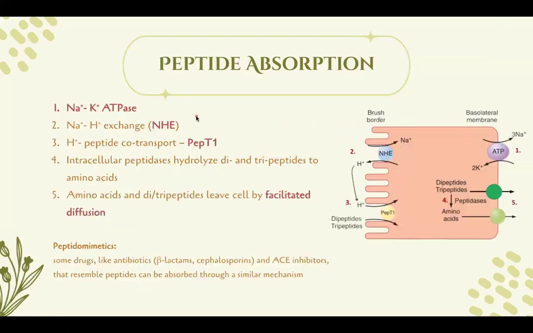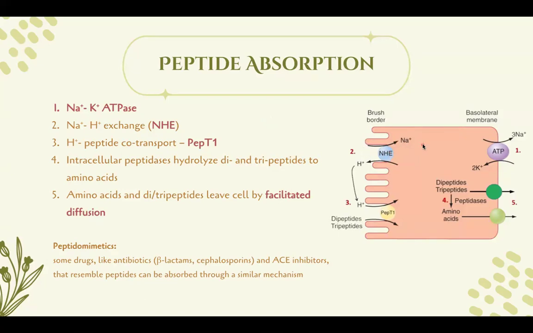Now we absorb the amino acids. We still have some peptides to absorb. Remember, they are di and tripeptides. So we have a bunch of channels here. We still have our sodium potassium ATPase on the basolateral side to keep low sodium inside the cell. This time, we're going to need this low sodium for a different channel, which is the sodium hydrogen exchanger, NHE.